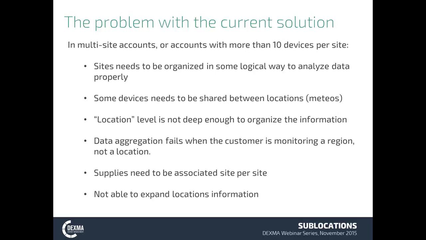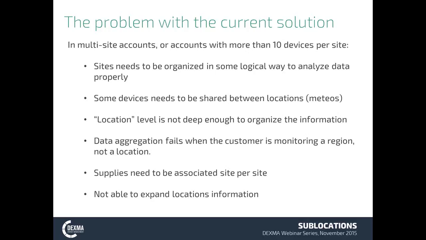In many projects, for instance, a project with one single location, an industry, where you want to divide your industry by lines or by sections of production, DEXCell was not capable of doing that. Then the data aggregation failed in cases where you were double counting.